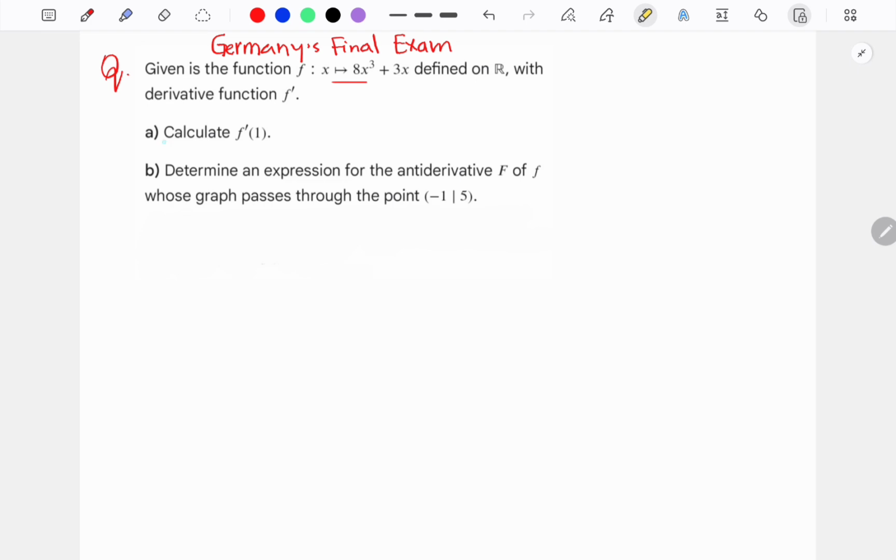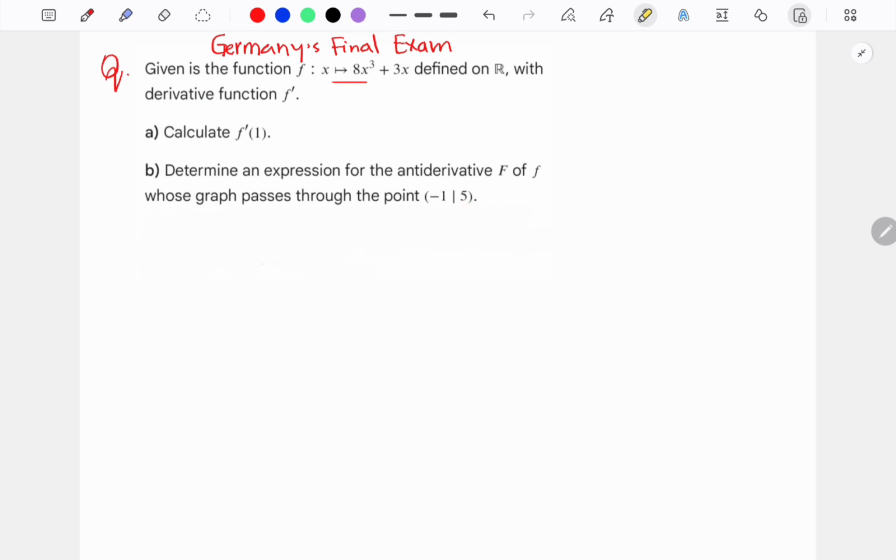In part A, you have to find out the f prime 1, means calculate f prime 1. Part B, determine an expression for the antiderivative F, capital F of small f, whose graph passes through the point -1, 5.